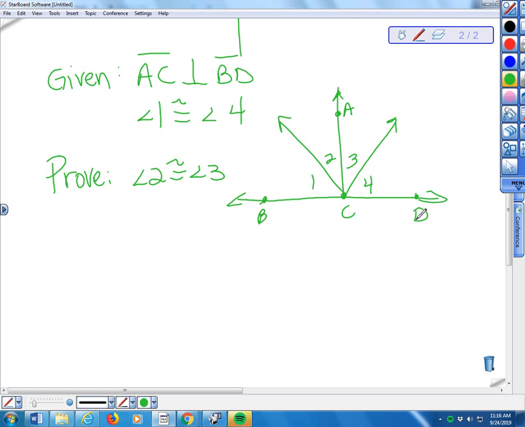Given AC and BD are perpendicular, and given angle 1 is congruent to angle 4, prove 2 and 3 are congruent. So try this on your own, and then we'll do it together.